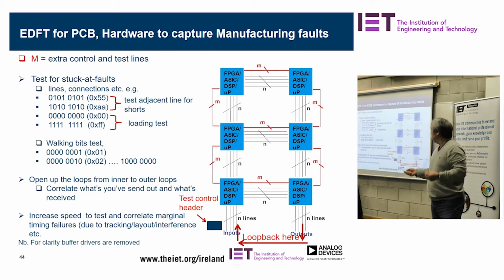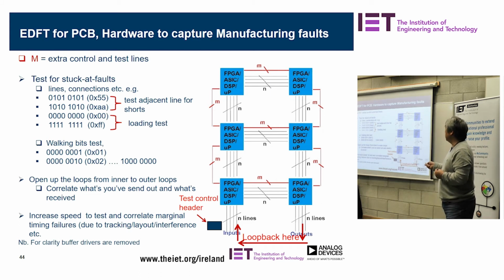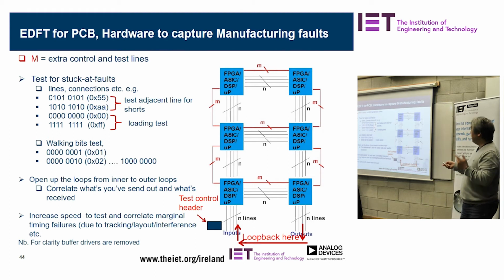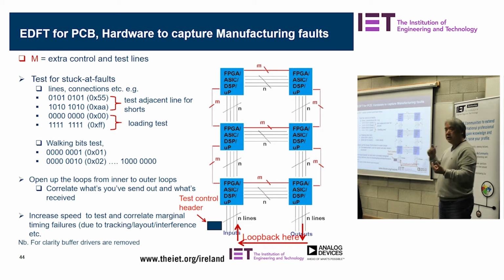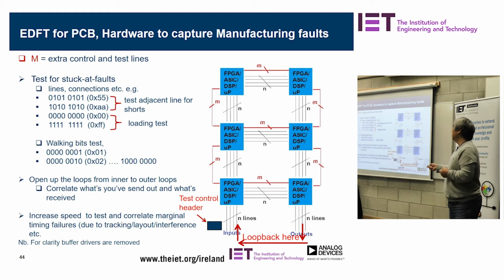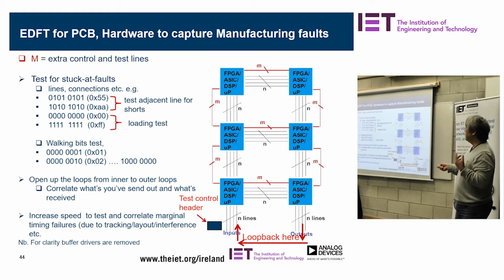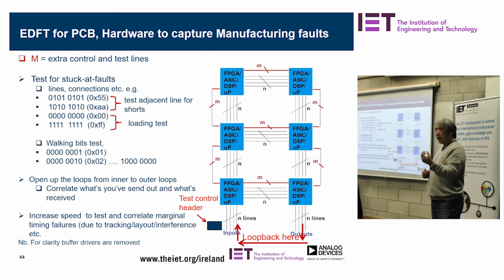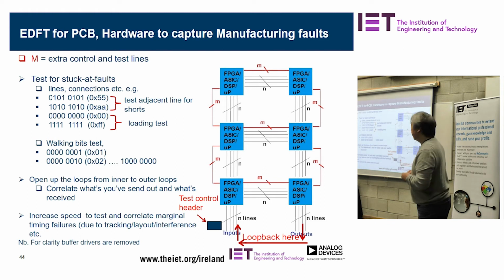So you pump in test patterns, alternating 55 and AA. If there's a short on the track, it will connect to the next track, so you won't see the same pattern. Then you do some other alternate tests as well. And then you do a loading test: you load it with 0, load it with FF, to see whether the board can handle the power.